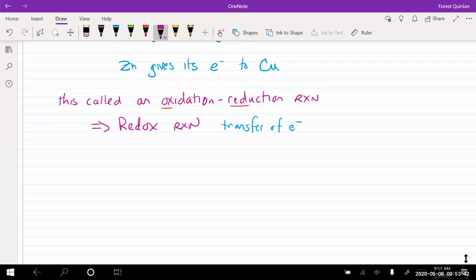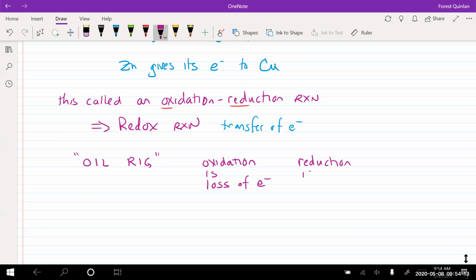Now, there are a couple of different acronyms that you can use to remember some of these. I like this one: OIL RIG. There's also Leo the Lion says GER. Too many words for me. What does this mean? Oxidation is loss of electrons.